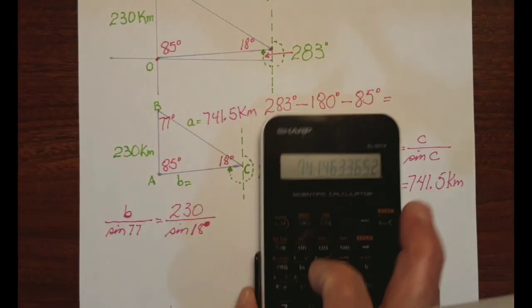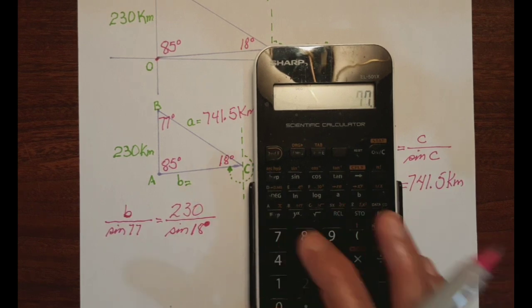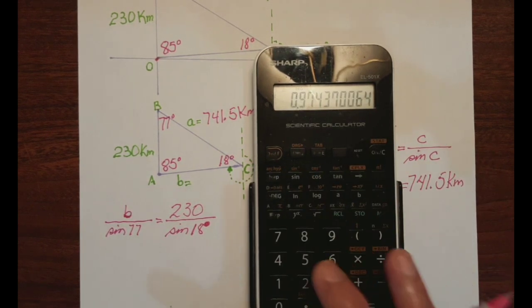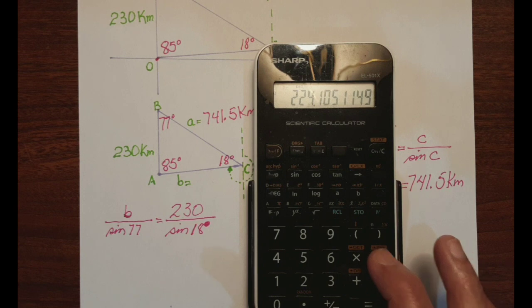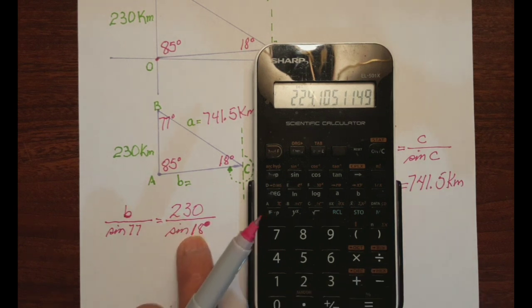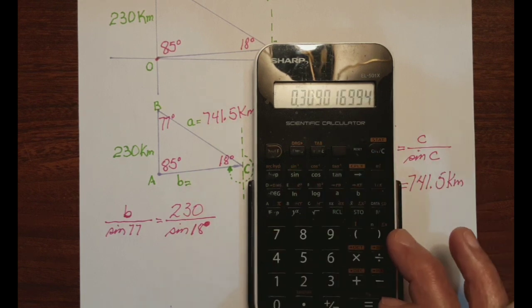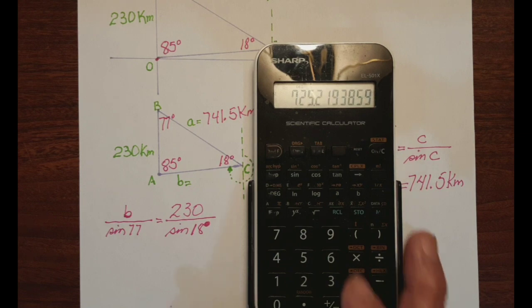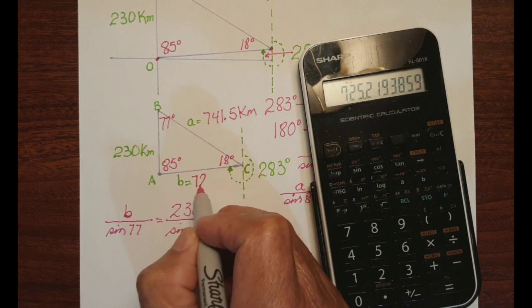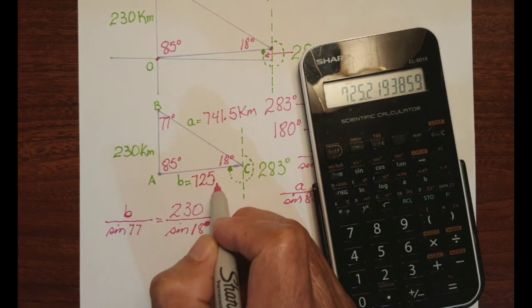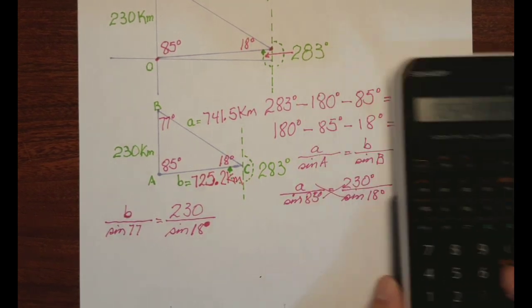Let's do it. Sine of 77 times 230 equals, now divided by sine of 18, equals. And I get here in B, 725.2 kilometers.